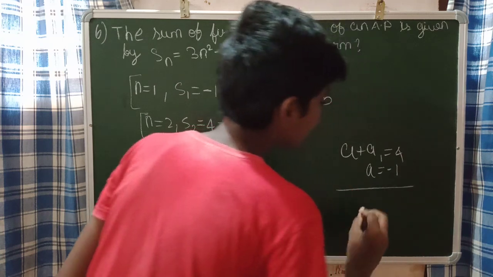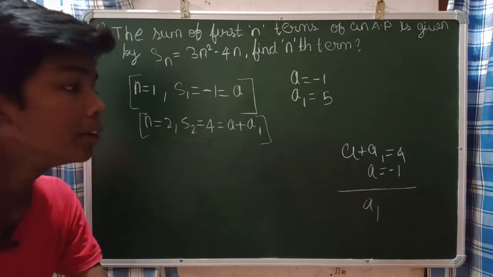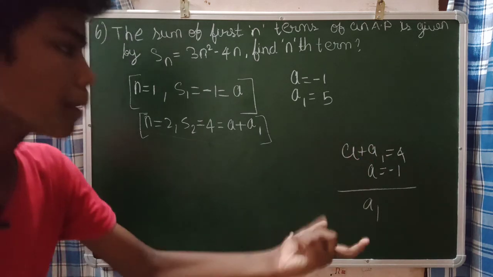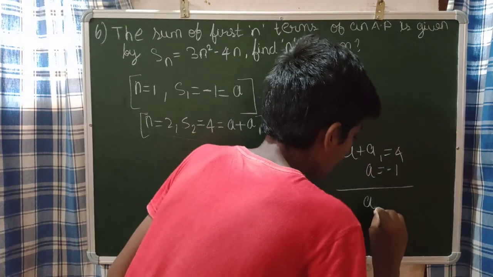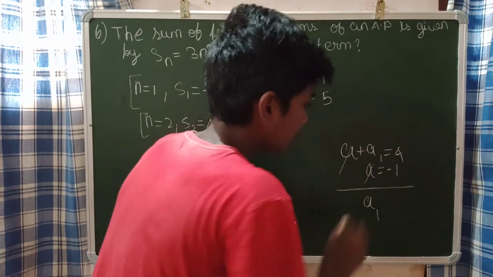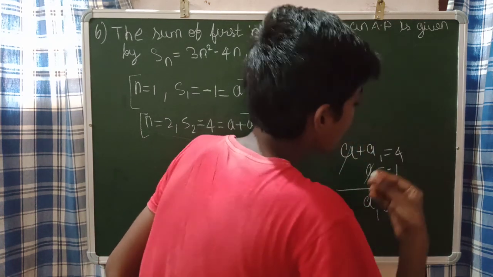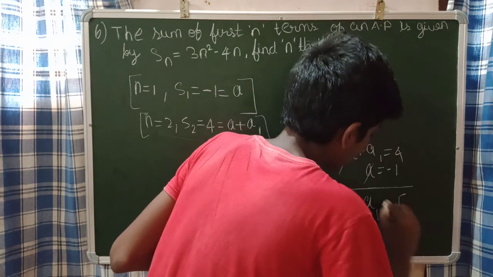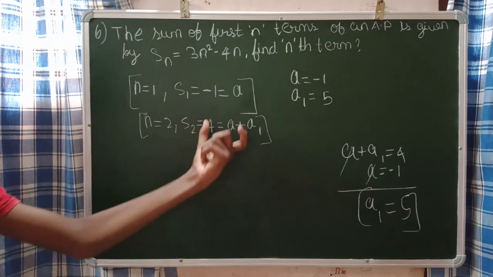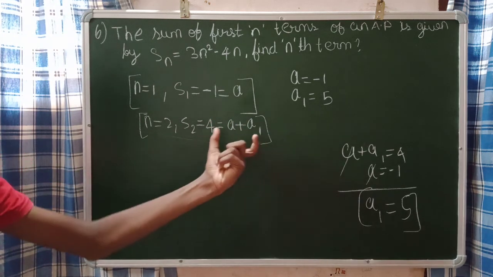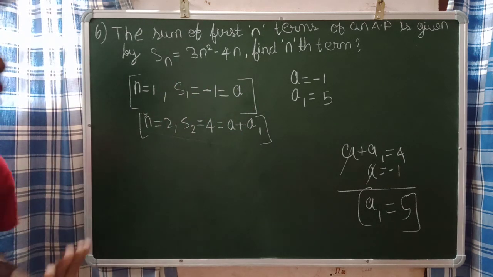So to get the value of a1, you just subtract these two equations. When you subtract, a gets cancelled and a1 will be equal to 4 minus of minus 1, which is 4 plus 1, that is 5. That's why I am saying a1 is equal to 5 just by using this relationship, because a plus a1 minus a is a1.